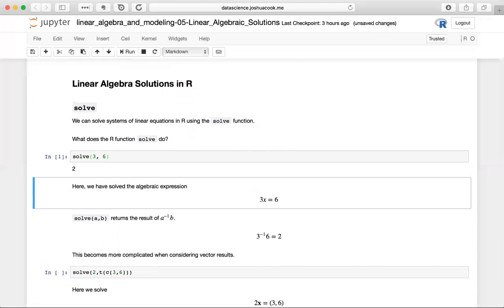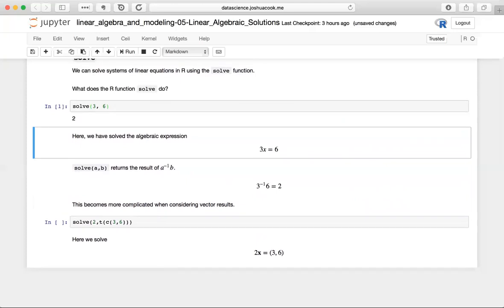We're looking for a number that is equal to 3 inverse times 6, which is 2. So if we had solve A comma B, that's going to be equal to A inverse B. We're going to get the result of this calculation. Solve A comma B is equal to A inverse B. Okay?